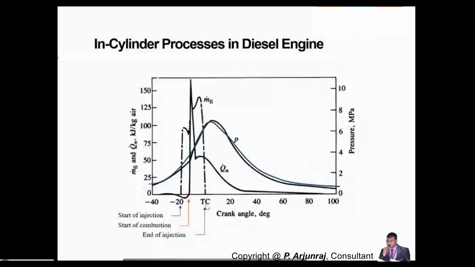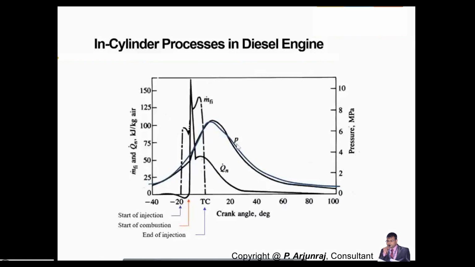When you don't have injection, the mass flow rate of the fuel is going to be zero, but it's shown in the drawing with the dots. But even though you don't have the fuel, you have the work. The work is going to happen. The heat will be there. It is what is shown here, and it will happen up to the dead phase.